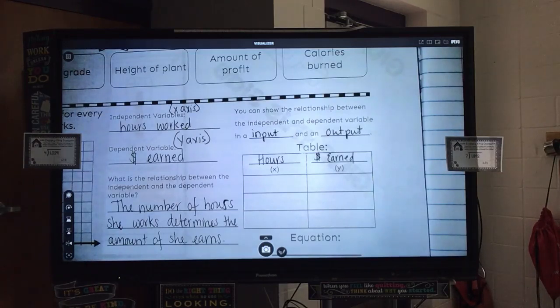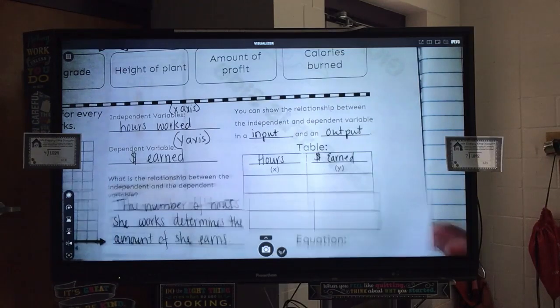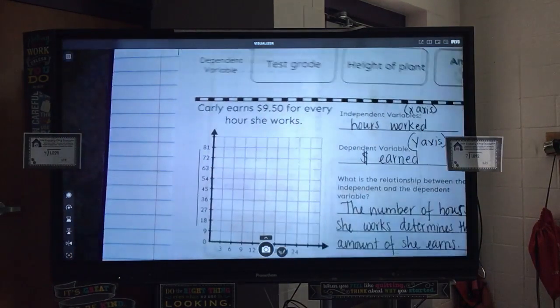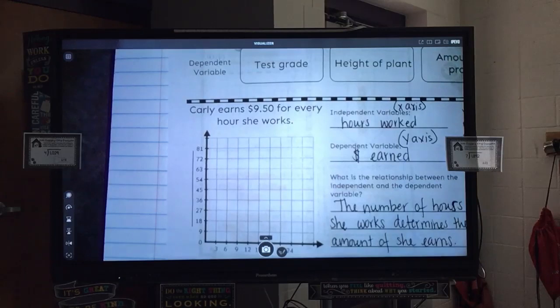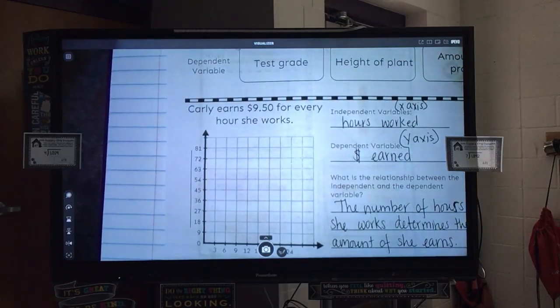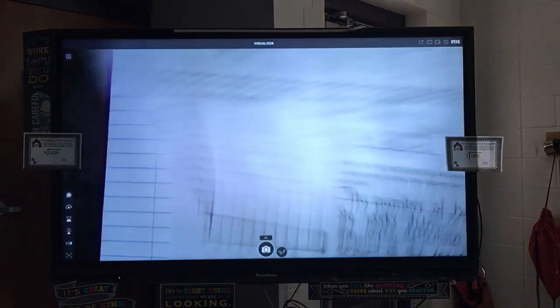We already know she makes $9.50 an hour, right? Plus, if I'm looking at my graph, that's going to be extremely hard to graph, right? Why would y'all do the hardest numbers in the world? Look at your graph, y'all.